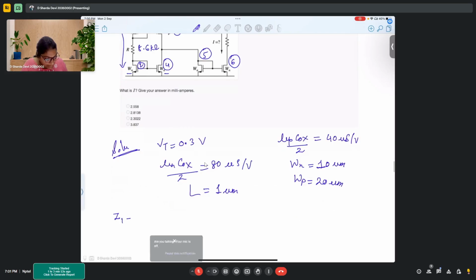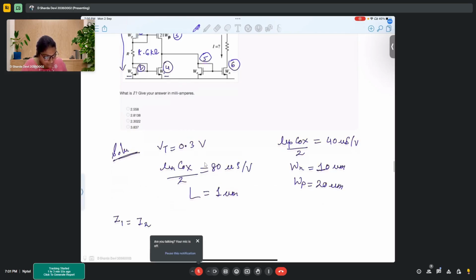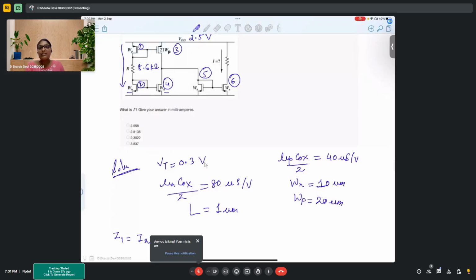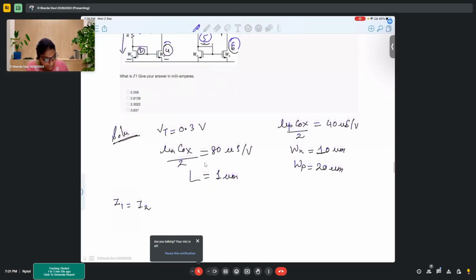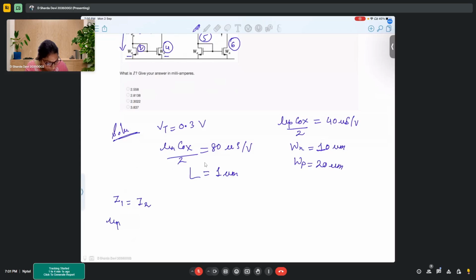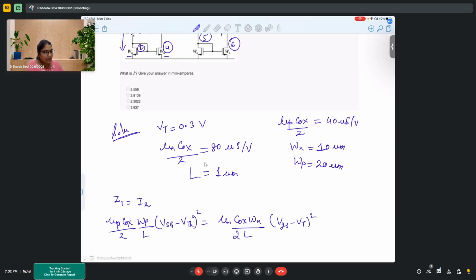We know that I1 equals I2, considering that these two are in series. So that means mu p Cox by 2, Wp by L, (VSG minus VT) whole square equals mu n Cox by 2, Wn by L, (VGS minus VT) whole square.